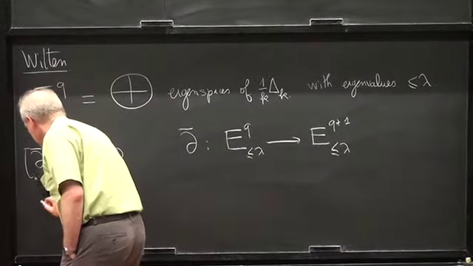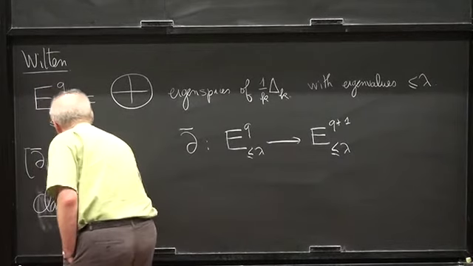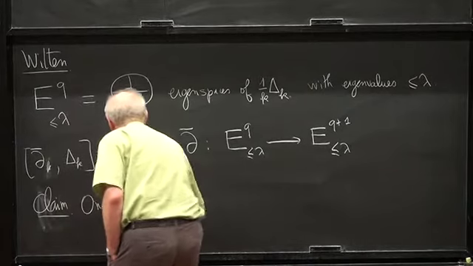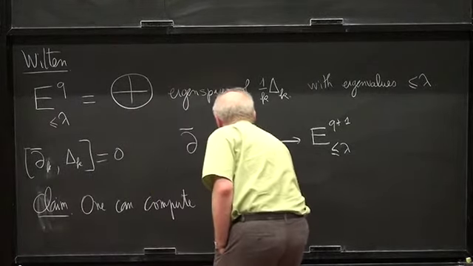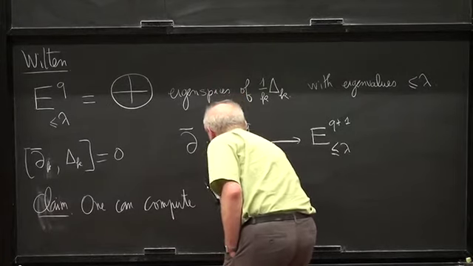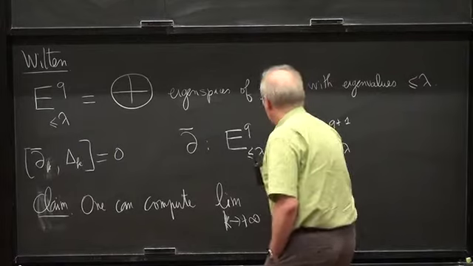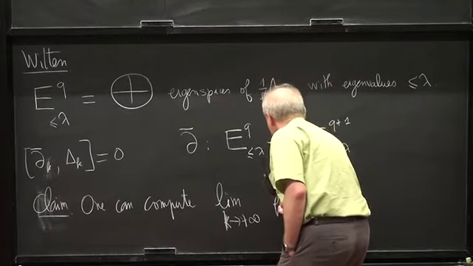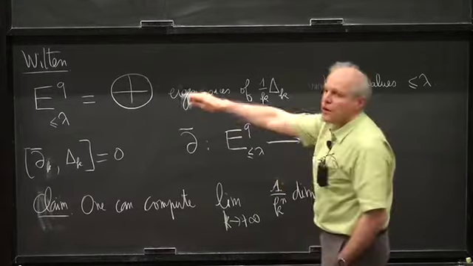So, assertion: one can compute the limit as k tends to infinity of 1 over k to the n times the dimension of those things.